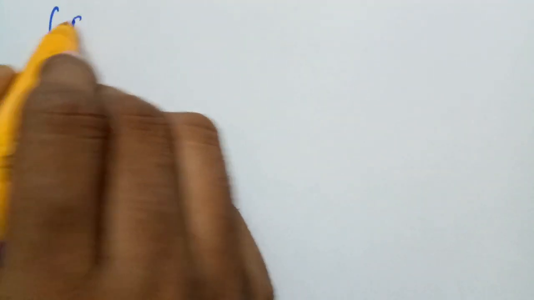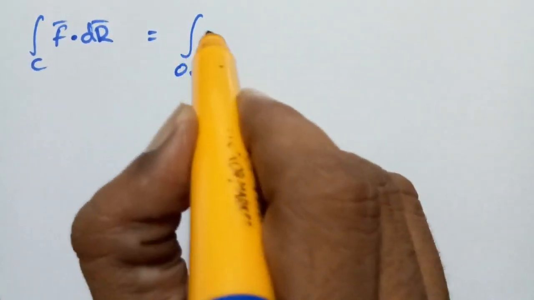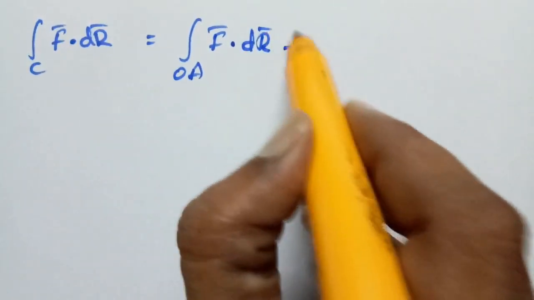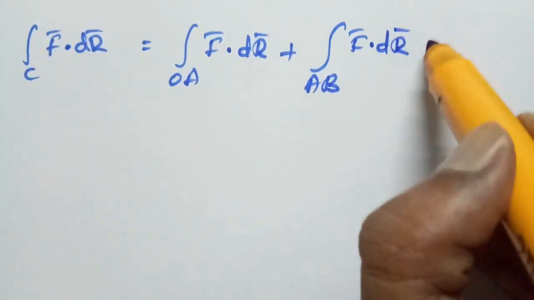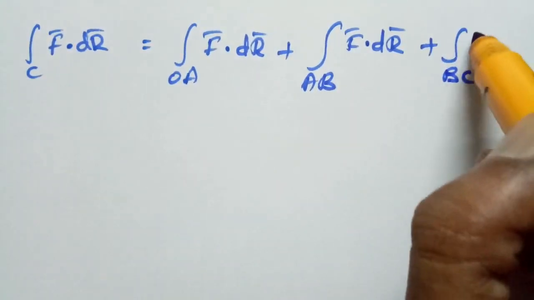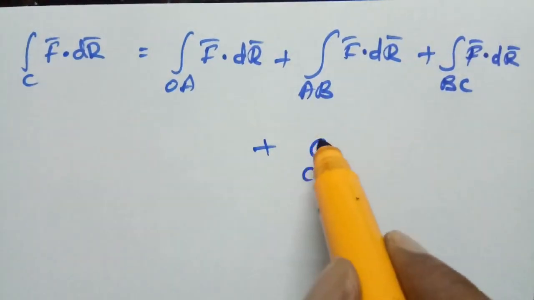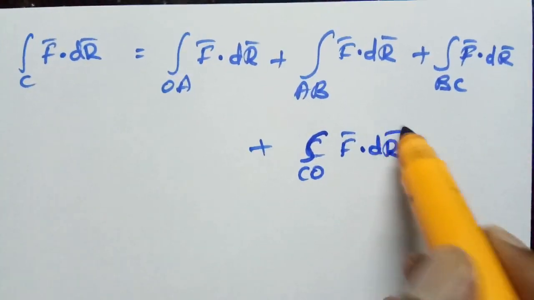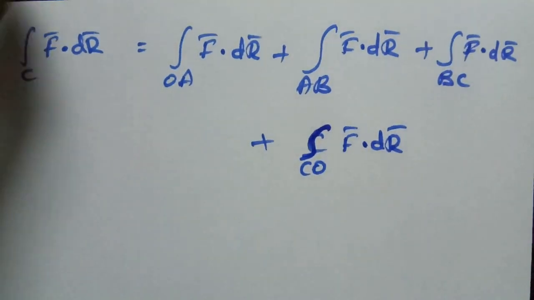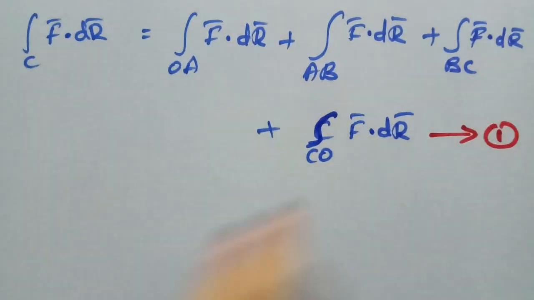Now the integral over C of f bar dot dr bar is equal to the integration along OA plus the integration along AB plus the integration along BC plus the integration along CO. Say this is equation number 1.